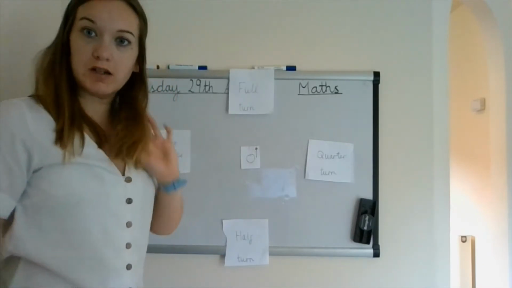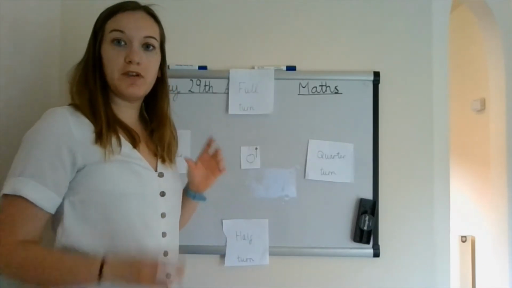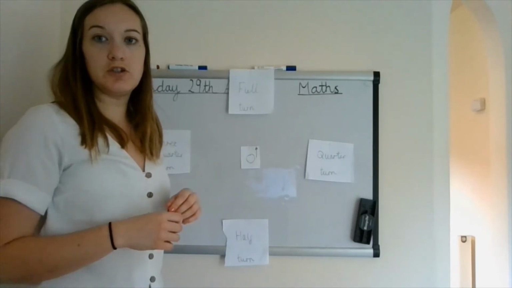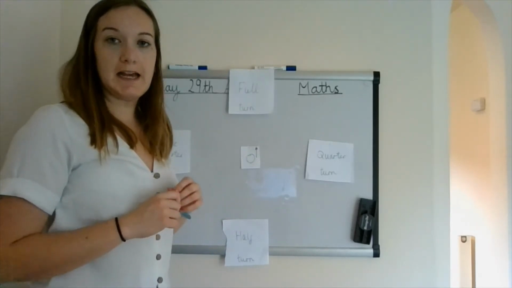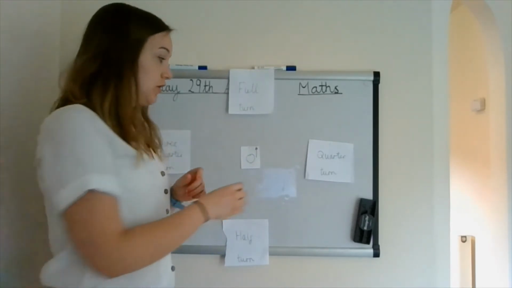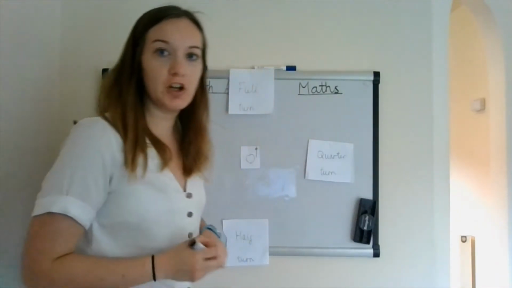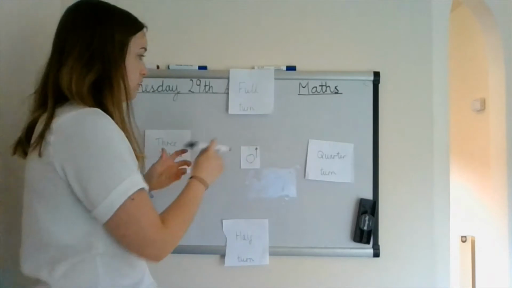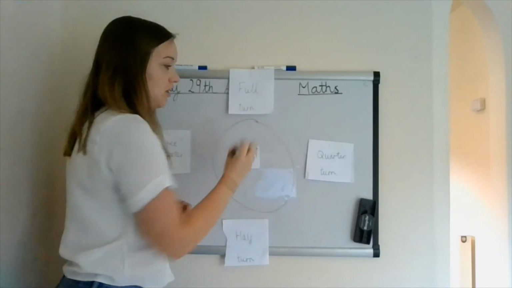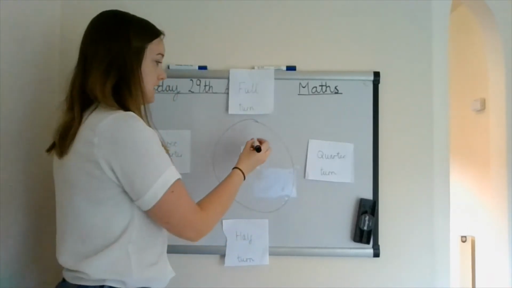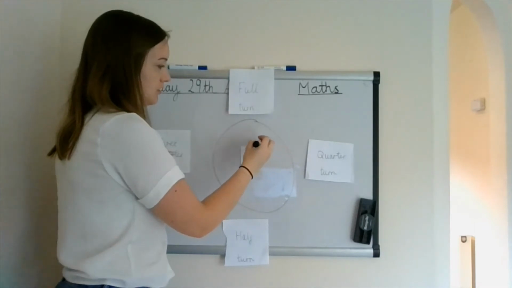Now, when we do our turns, we can move on with our description to include the words clockwise and anti-clockwise, okay? So the best thing for this is to think of a clock. So here is our clock, and I'm going to look around.